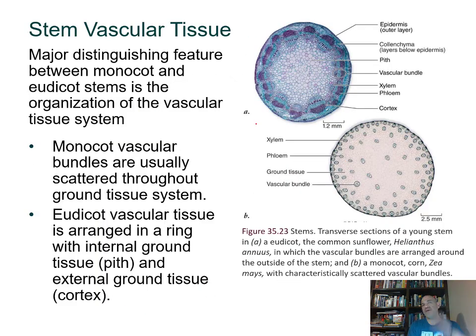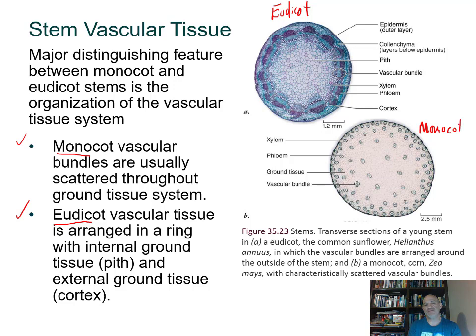So if we now look at a stem itself, and we were wanting to compare the difference between a eudicot and a monocot stem. Here the eudicot is described on the bottom and monocot on the top in our list here, but they're opposite here. So this is the eudicot, or dicot for short, for our course, but there's a technical difference between eudicot and monocot, as I mentioned earlier.